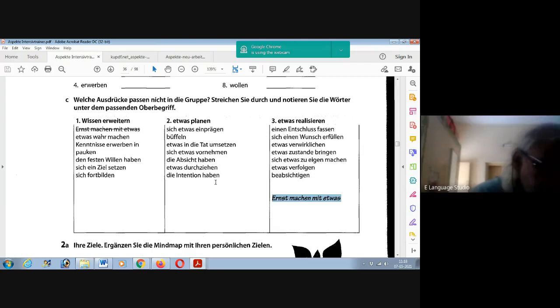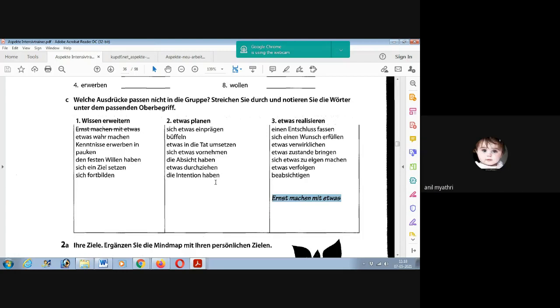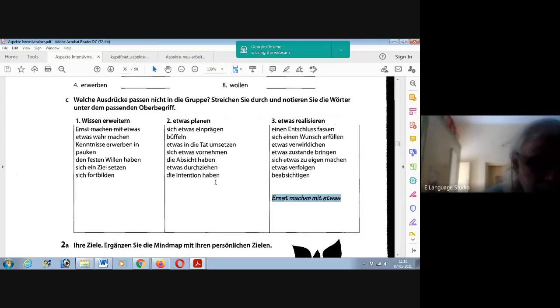Einprägen is to commit something to your memory, to imprint something, to engrave something in the memory. Sich ins Gedächtnis einprägen. So does it fit under planning or does it go to 1 or 3? 1. Also it is expanding your knowledge. You are imprinting, engraving something in your memory. Yeah. Okay. What about the next one?